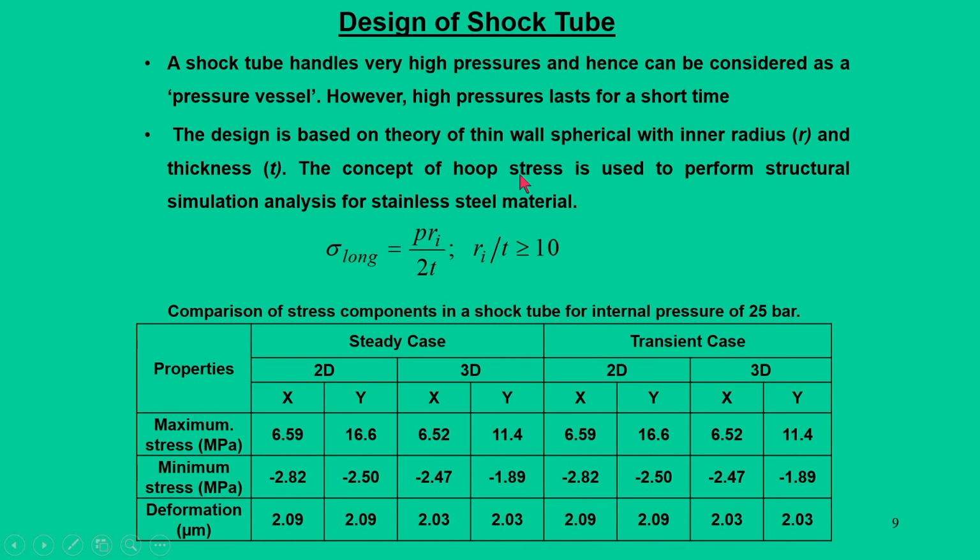That means, whatever material we are going to choose for the shock tube, it must withstand that hoop stress, that is circumferential stress. And maybe we can do some kind of simulation study for hoop stress analysis for about 25 bar pressure. We can do a 2D analysis, a steady state case, a 3D case, and all these things.